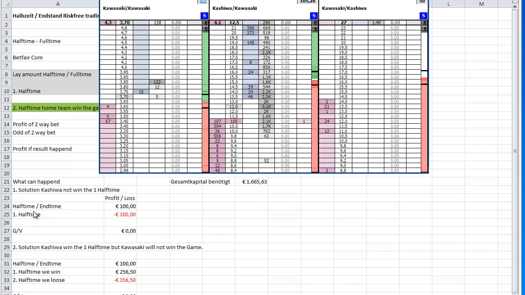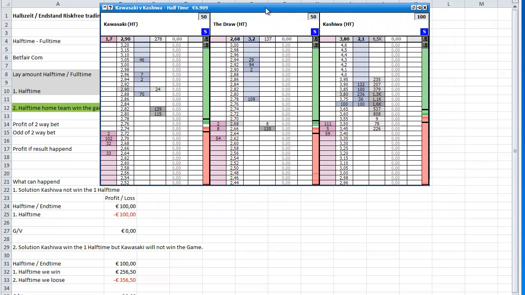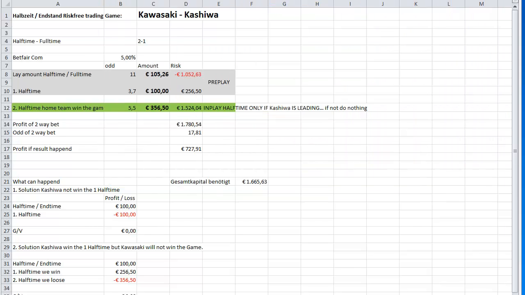So we get 100 euros from the halftime full-time market, but we have also lost 100 euros at the halftime market. So our profit is 0 in this situation.